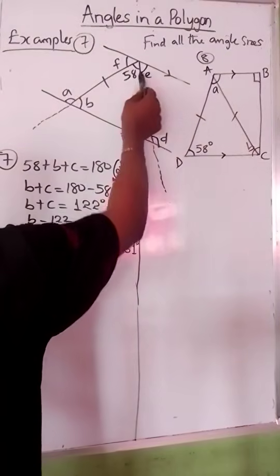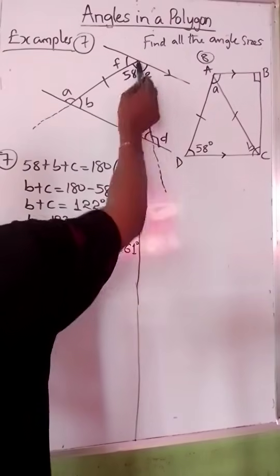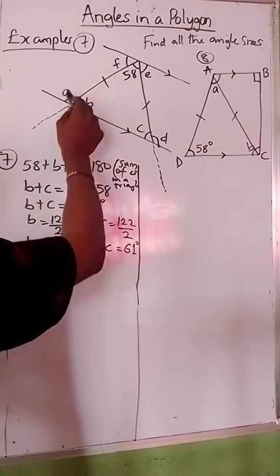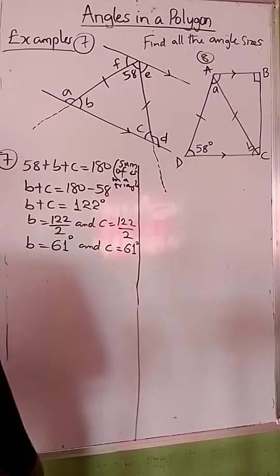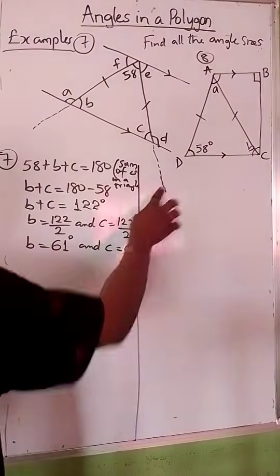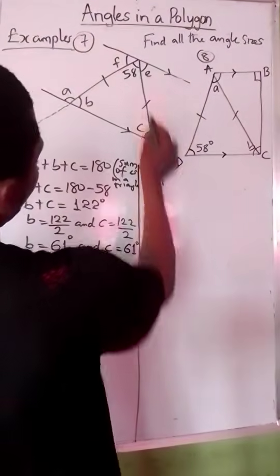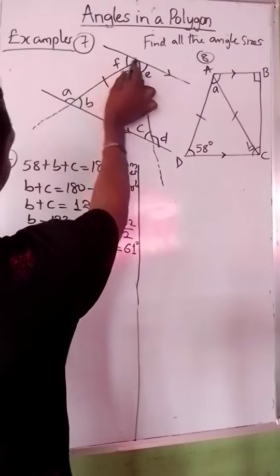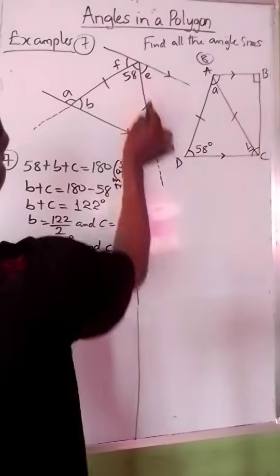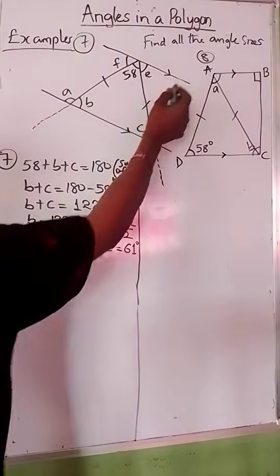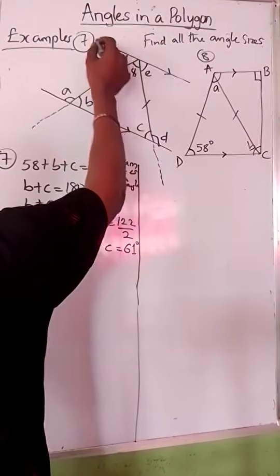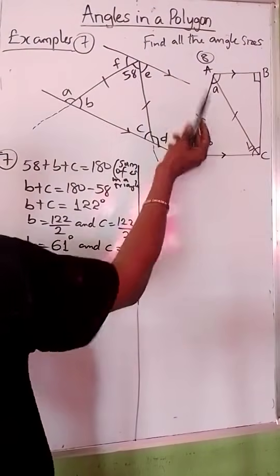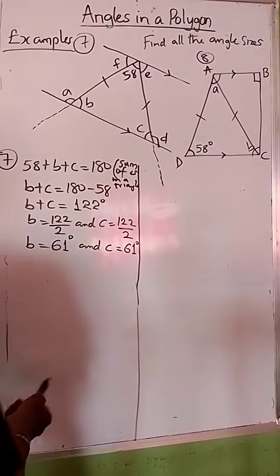And you can also get your C here. Remember, co-interior. These are F. And these are Z, this and this. That's a Z shape. And these are C shape. It's only the U that we cannot find.